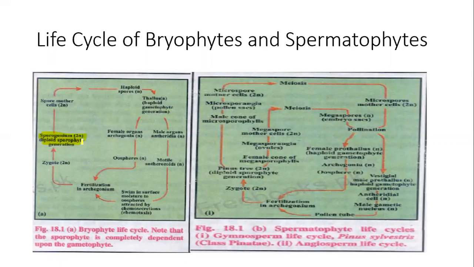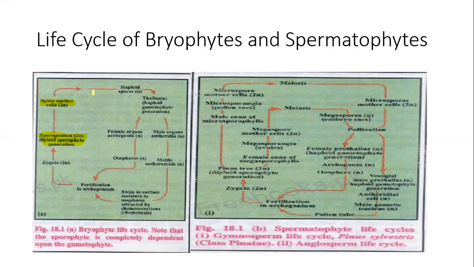This generation will produce diploid spore mother cells. Spore mother cells are produced from the sporophytic generation, and after the production of spore mother cells, a reduction division will occur.